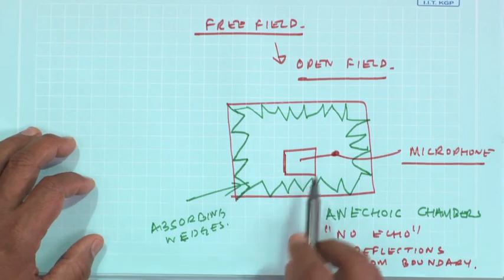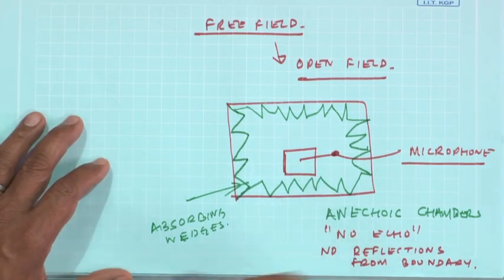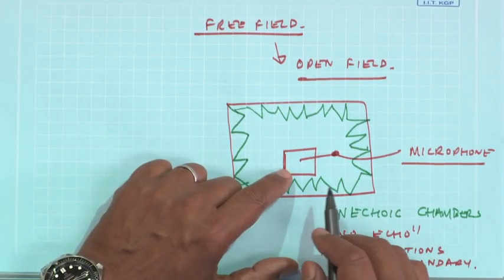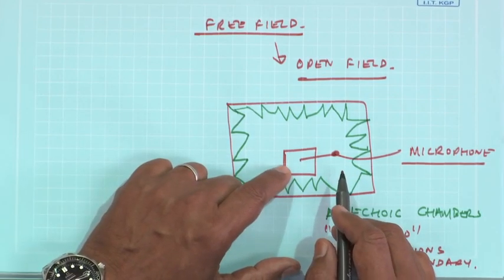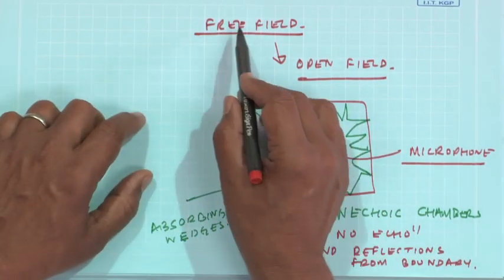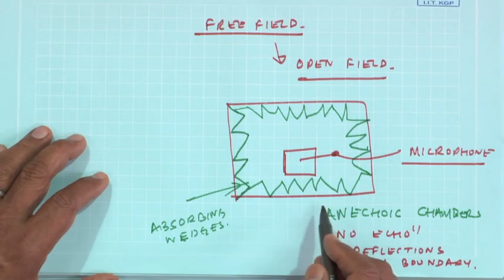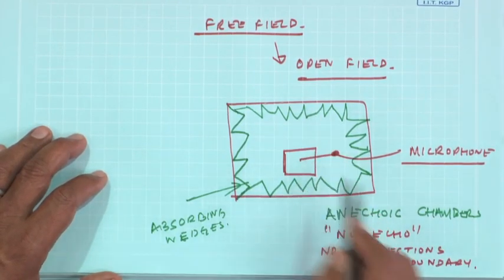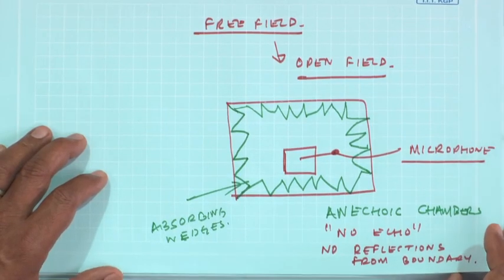The reason why this is important from a CBM point of view is, if a machine is producing noise and I measure it in any other environment that is not free field, the environment is going to contaminate the levels produced by this machine. But in practice, in the real world, in machine shops or in factories, it is difficult to get this free field environment for doing any measurements.